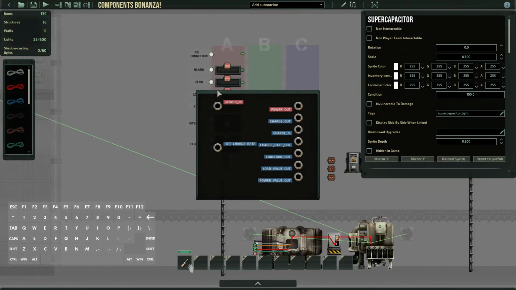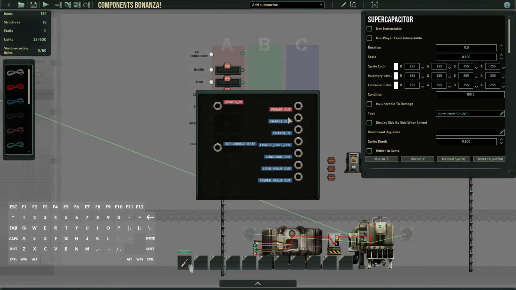Basically, if your supercapacitor is full and your primary power grid goes down, all the devices that are being powered from the supercapacitor are unaffected by that primary grid failure. The only thing that changes from the primary grid's perspective is the charge rate or the relative charge. So if you've got a circuit that tells your supercapacitor to recharge after it gets to a certain point, then that's what the primary network sees, the load from the supercapacitor.